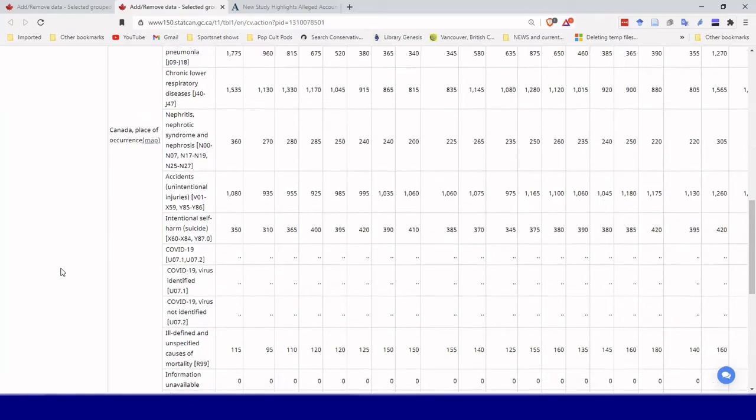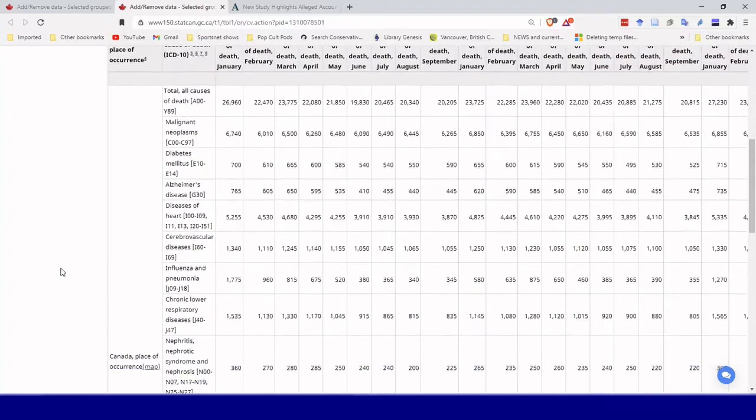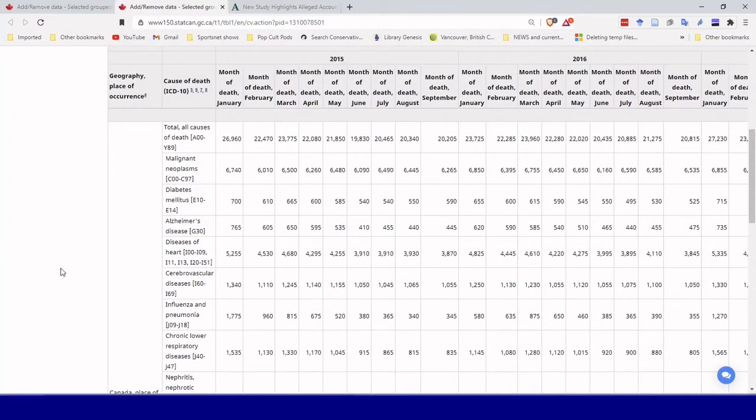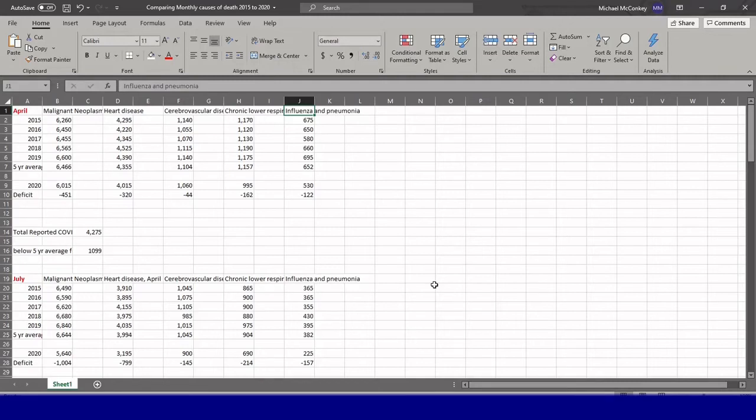So anyway, the point is that partially out of choice, partially just the limitations of what's made available here, I've reduced it down to these 5 things, being the diseases or illnesses, whatever you want to call it, that I'm focusing upon when I'm trying to figure out what the relationship is. Is there a deficit, and what is it? So I started off by looking at April, as you can see up here.